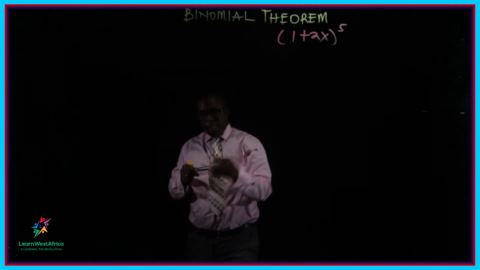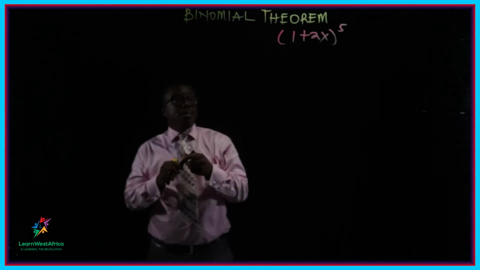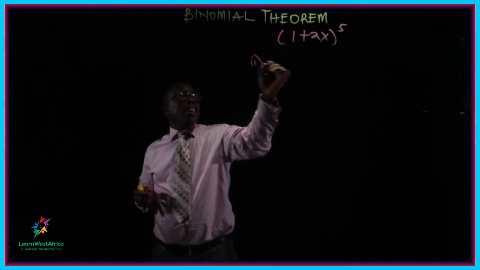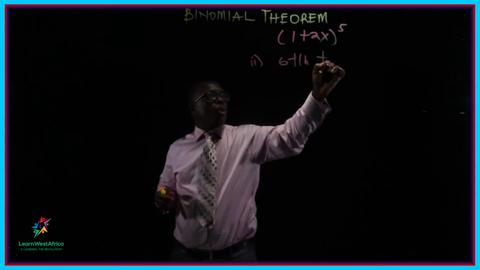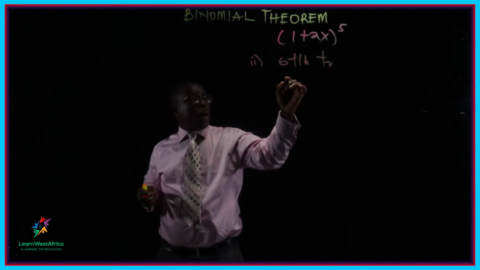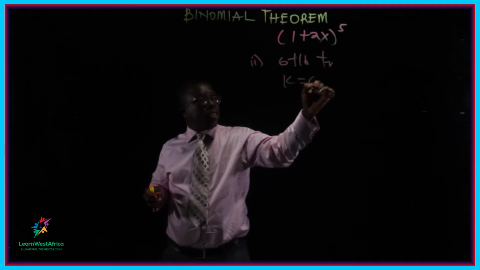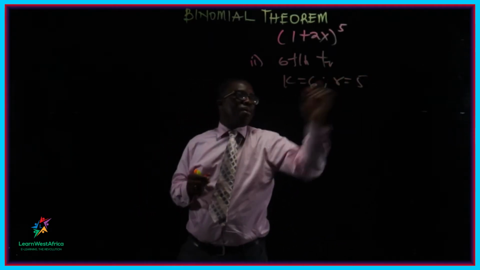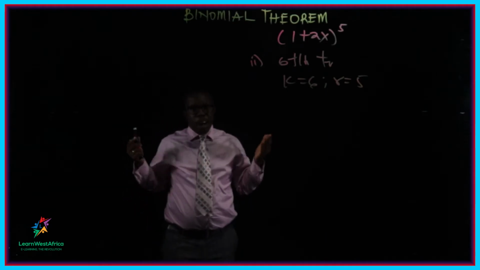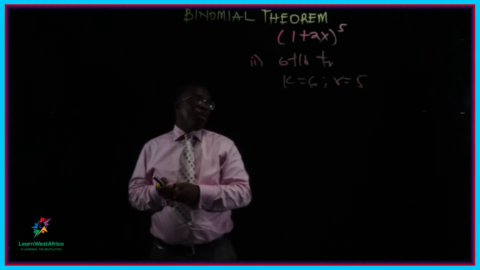So let's just pick our term here. We are saying we want the fifth term. So the fifth term will mean that our k is equal to 6, and hence our r, which is one step behind it, is going to give us 5. So it makes it very simple for us to just find the value of that.